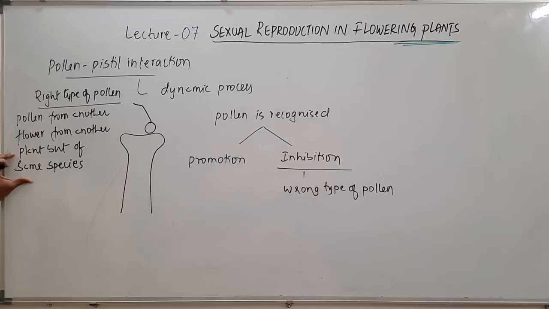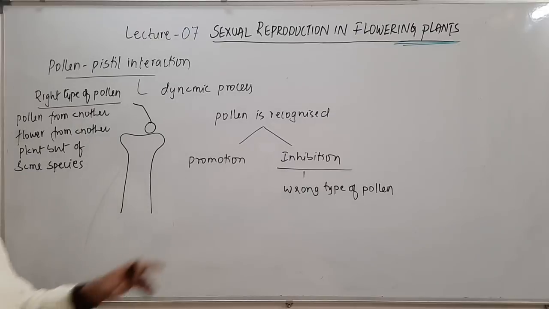Any other type of pollen will be considered the wrong type. In that case, those pollen grains will be rejected. In fact, their growth will be inhibited. So if they already germinated, the pollen tube growth will be stopped.